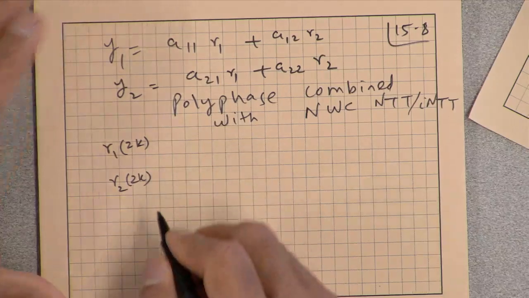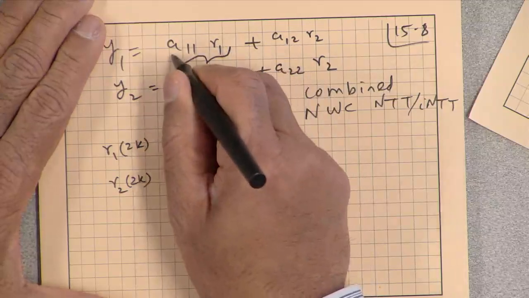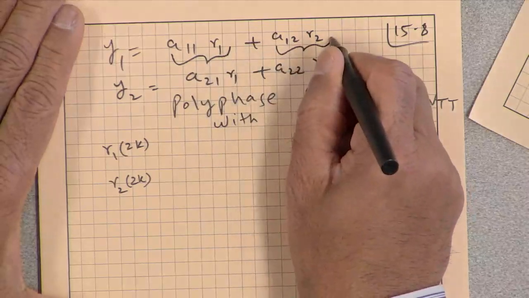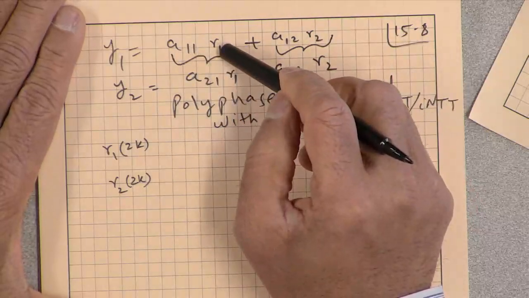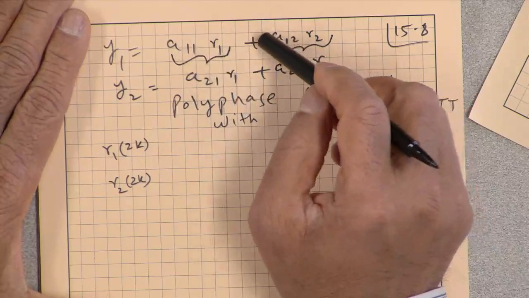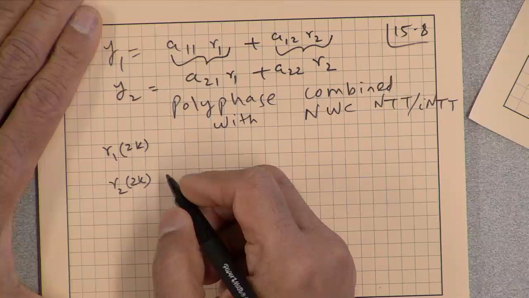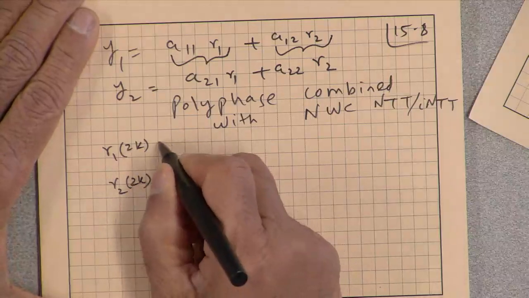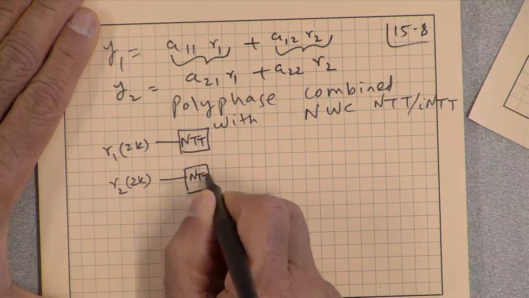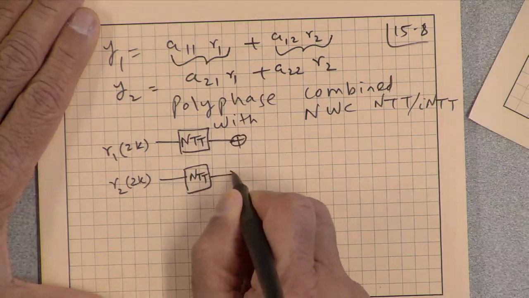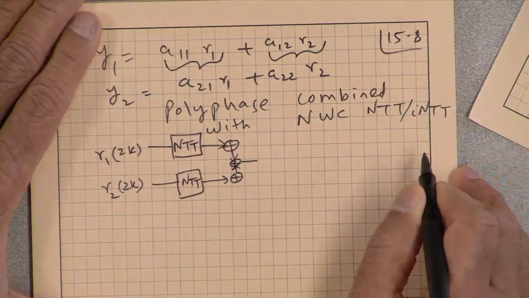So instead of multiplying, these are polynomial multiplications, which is equivalent to computing the product of the NTTs, adding them and taking the inverse. So for A11 R1, we take the NTT of the even part, the NTT of the odd part, using now the fast parallel filter.